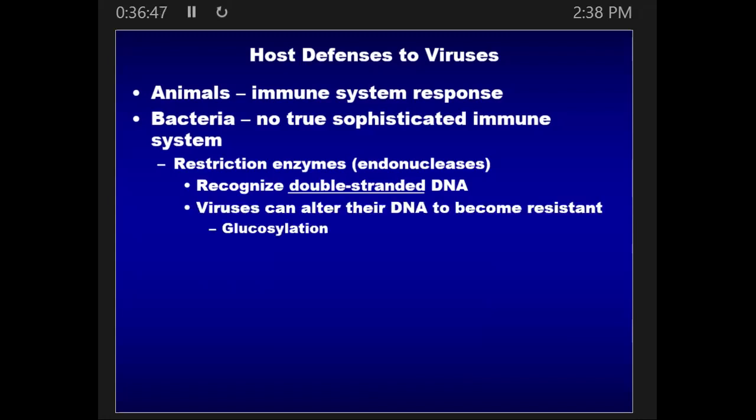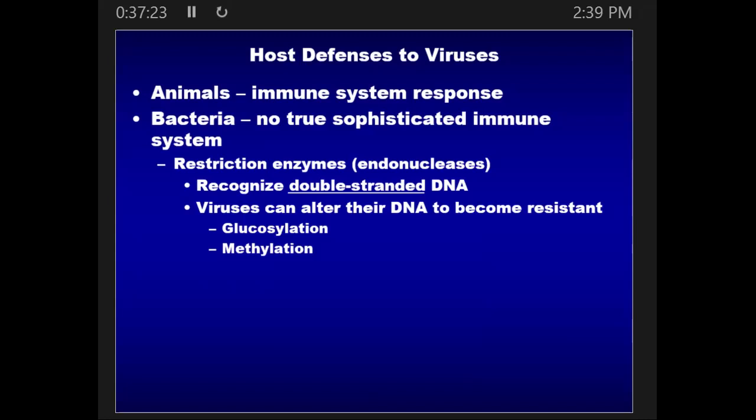And then viruses have learned to fight back because they can kind of hide their DNA from the restriction enzymes. They can often do that through putting sugar units on the DNA, and that prevents the endonucleases from cutting where they're supposed to cut. They can methylate their DNA, and so viruses are very quick to evolve strategies to one-up the situation and gain benefit over whatever immune system process is getting thrown at them.